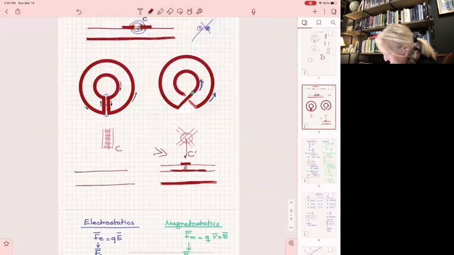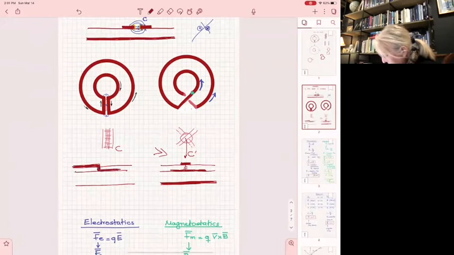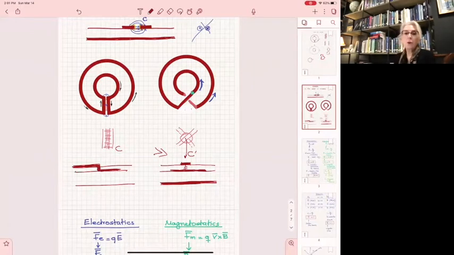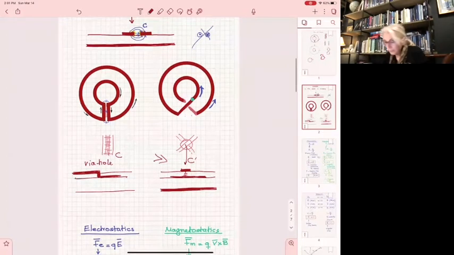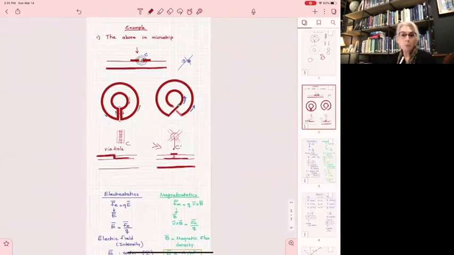If you have lines on a multi-layer substrate and you want to go from one line to another, and this other line is here, usually you open a hole in the dielectric and metallize it. And that's how you go. That's called a via hole or a via. It's metallized. So that's how people do it.